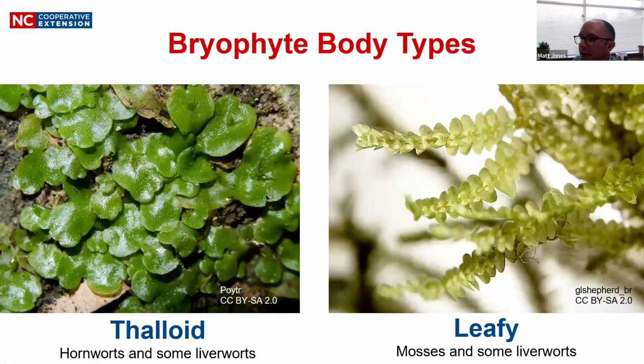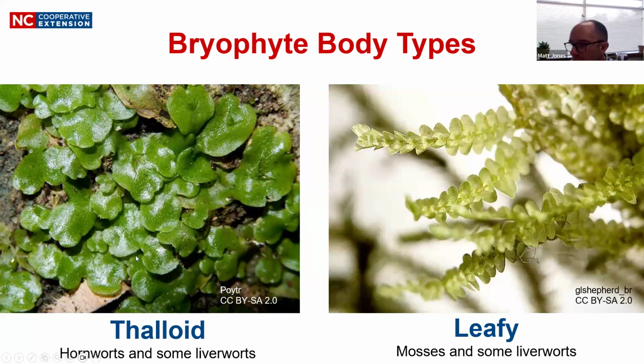So there are different generalized body types with bryophytes. As I alluded to earlier, the main body is usually called a thallus, which is usually kind of a flat, amorphous structure. That's where most photosynthesis occurs. And then they produce these larger protruding structures that they disperse the spores from. But most of the action takes place in this thalloid form.